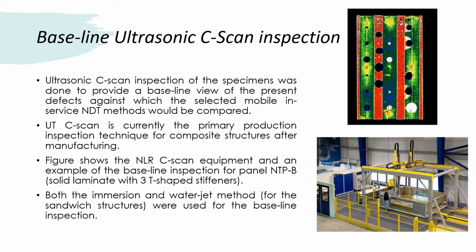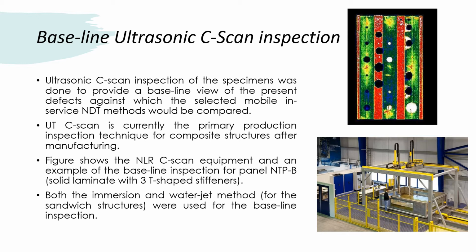UT C-scan is currently the primary production inspection technique for composite structure after manufacture.